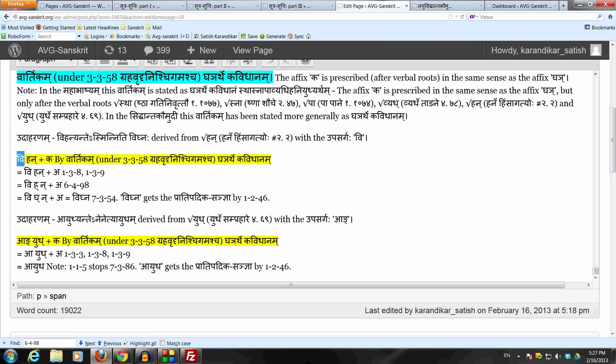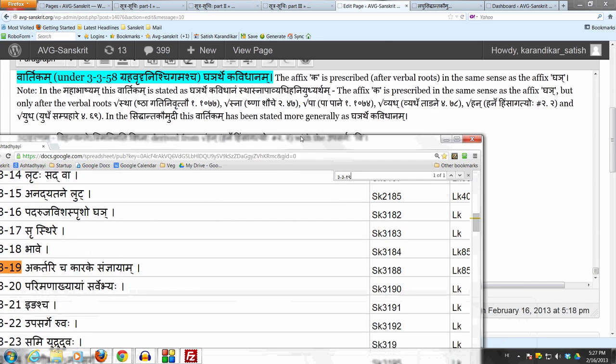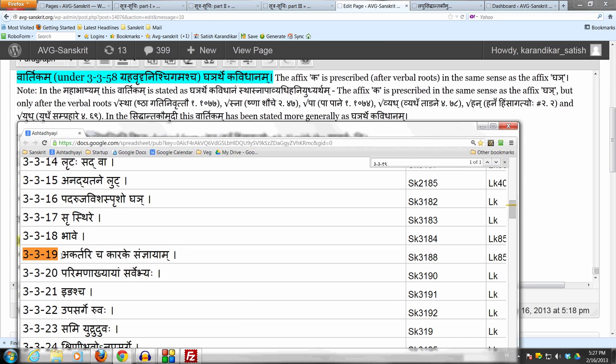And here of course we are using it in the sense of Adhikarane, that in which actions are impeded or foiled. So here we are using the Anuvritti from 3319 Akartricha Karake Sanyayam, and here we are using it Adhikarane.